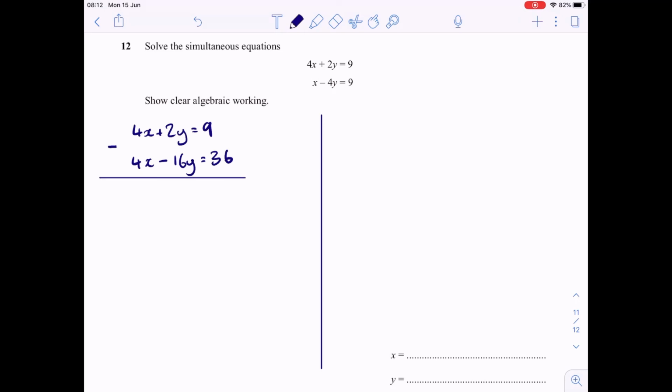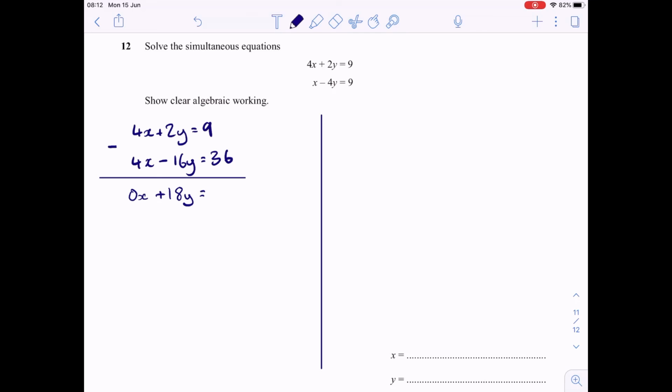Now, this can be a bit tricky. 4x minus 4x will be 0x, but 2y minus minus 16y is going to become 2y plus 16y, which is actually plus 18y.